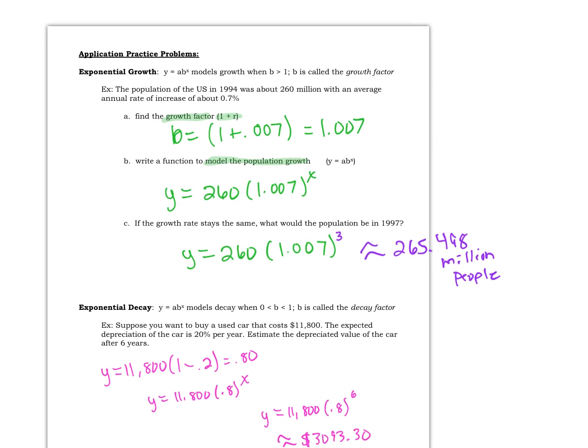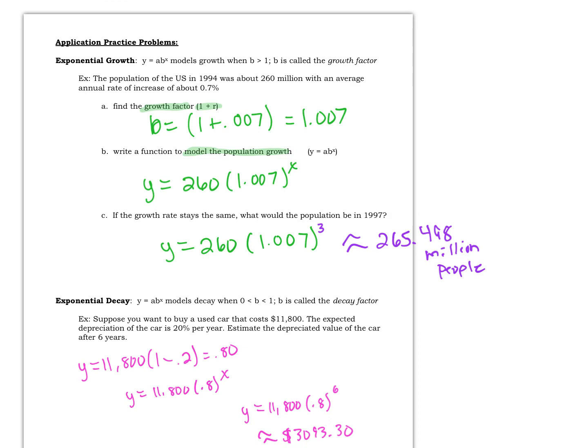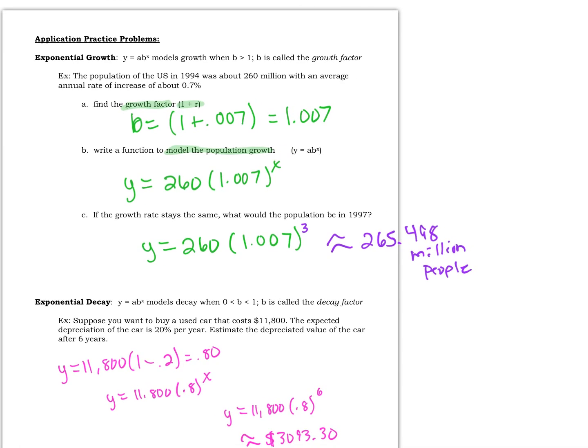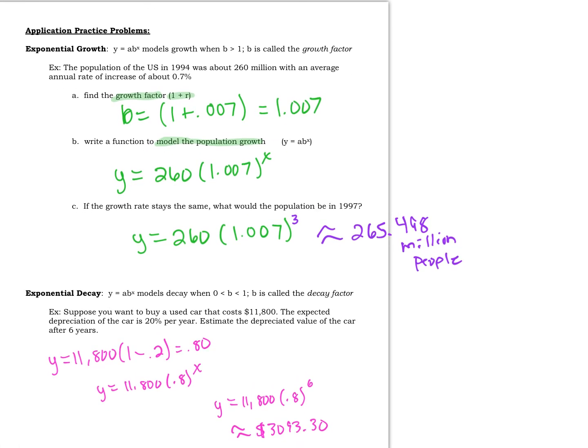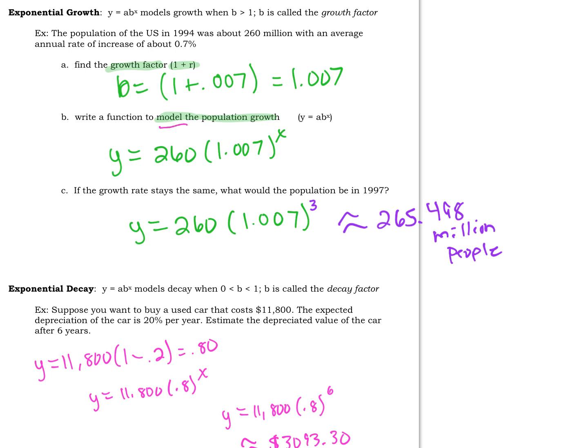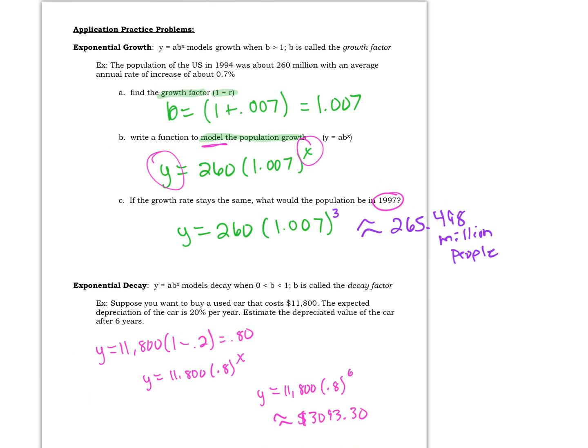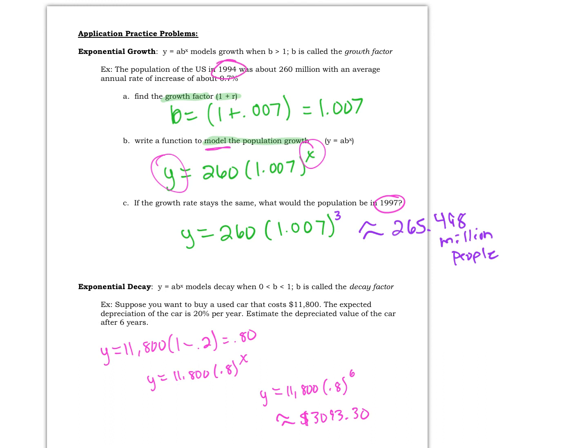All right, check your answers here. So for part A, it was just asking for determining what that growth factor is. And then if it asks for the model, then you better have a y and an x in that equation. Okay? And then the 1997 and the 1994 were pertinent to help us figure out the length of time that has progressed to figure out what that value is for x, right?